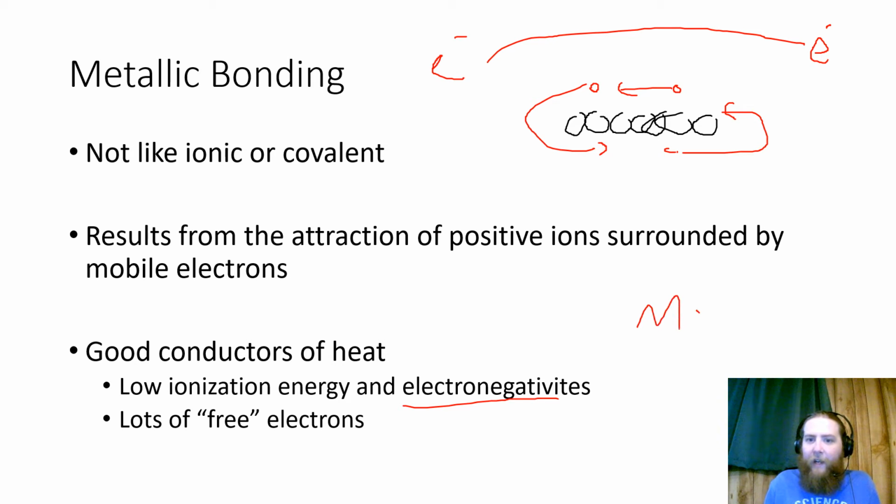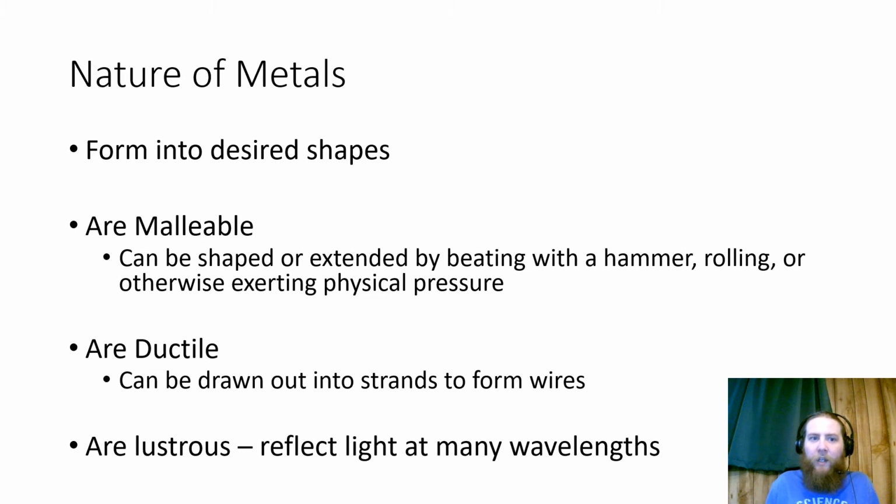Magnesium, which is an alkaline earth metal, wants to give away 2 electrons to be a 2+. Iron can form iron 2+ or iron 3+, where it wants to get rid of 3 electrons. So we see lots of electrons in the metals wanting to be given up. Because of this configuration and behavior, metals form into desirable shapes.